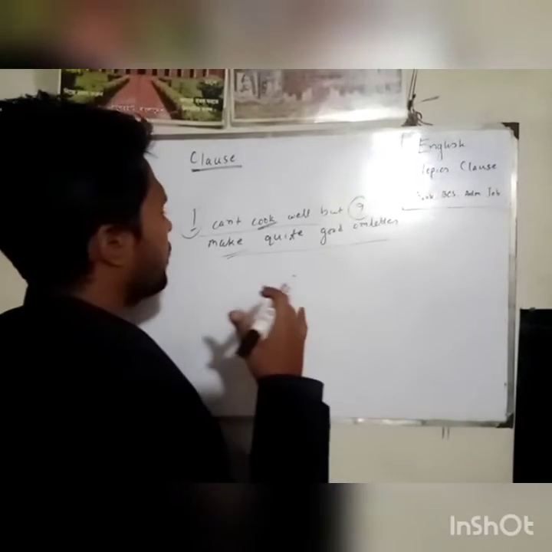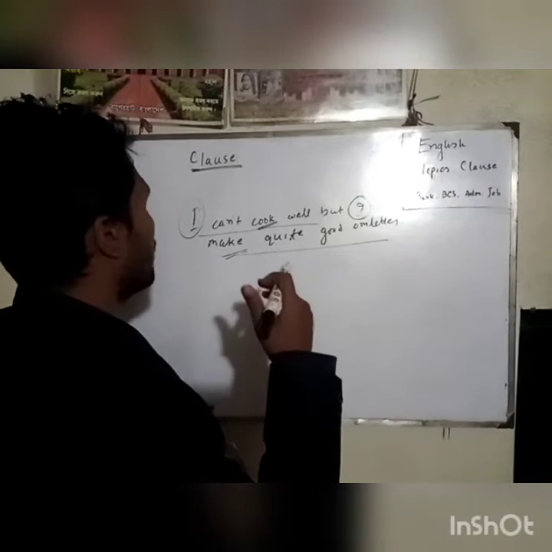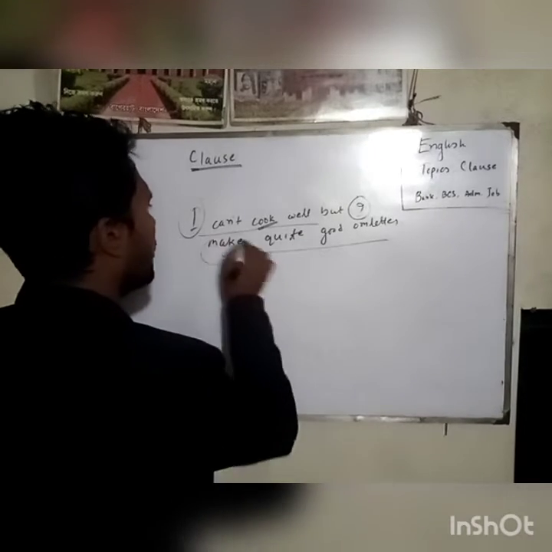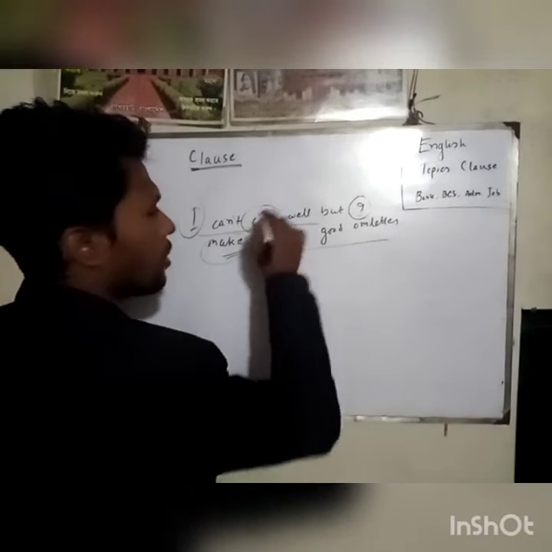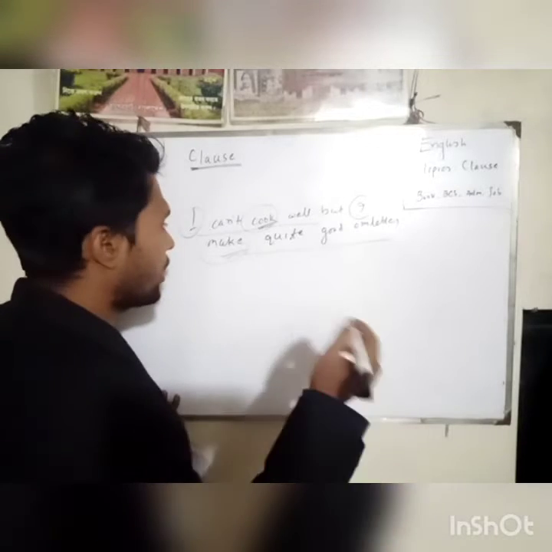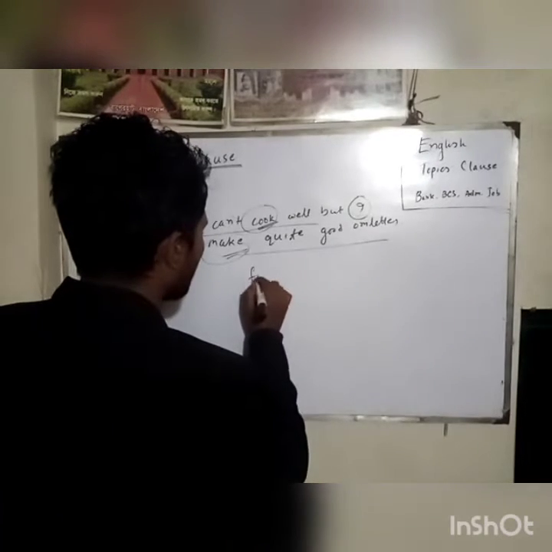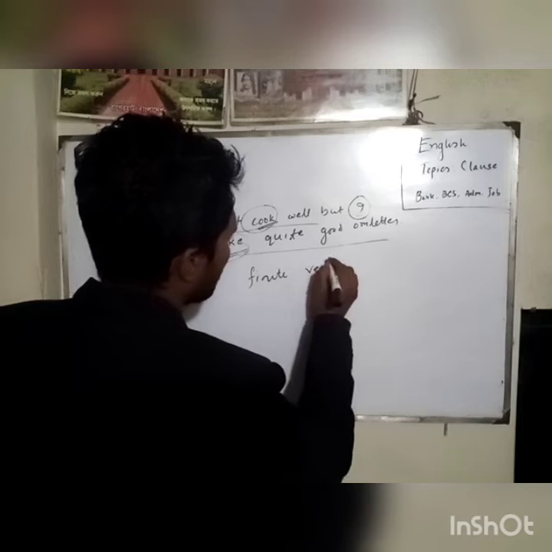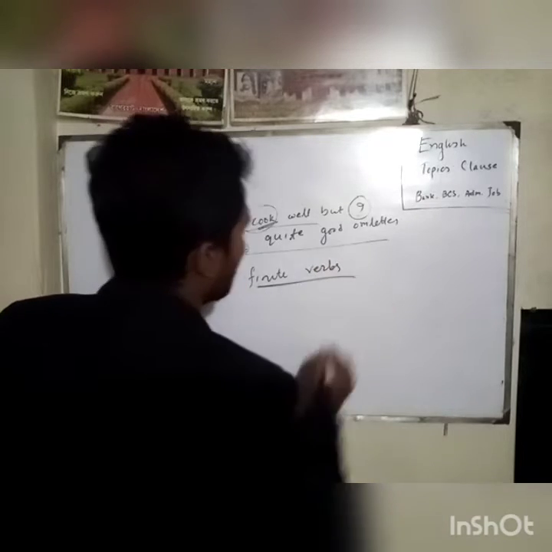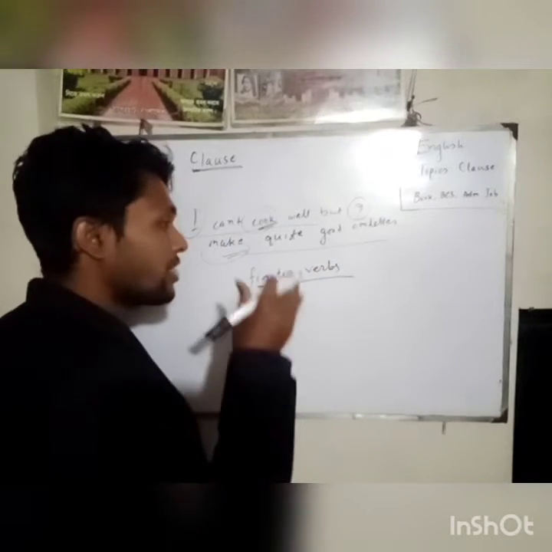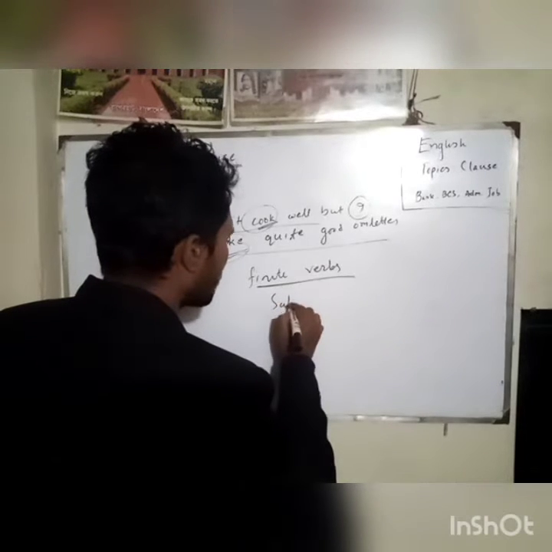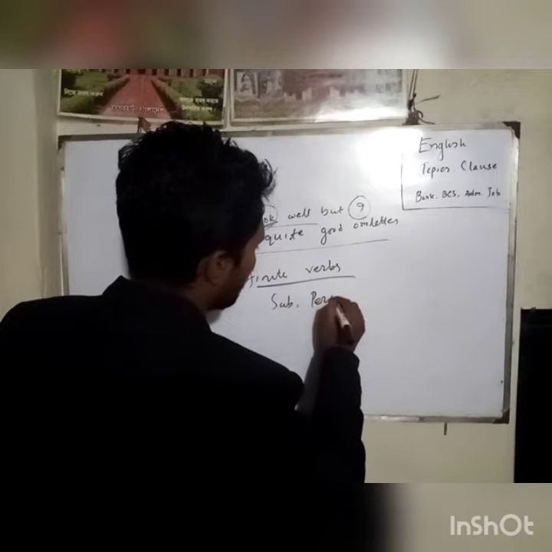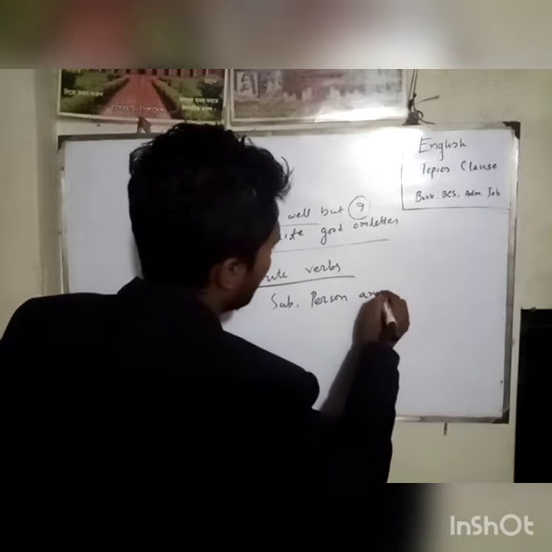Obviously we will look at the finite verb. The finite verbs here are make and cook. What is a finite verb? A finite verb means a verb which depends on subject, person and tenses.